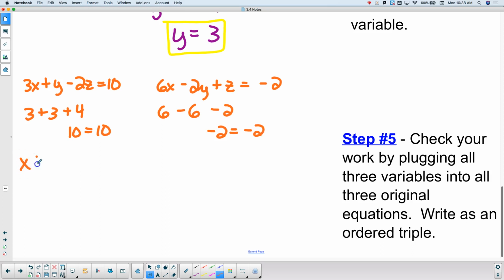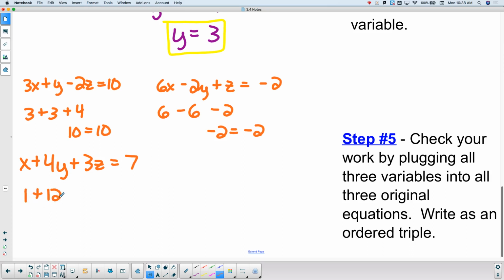Third equation, x plus 4y plus 3z has to be 7. X was 1, so that's 1. Y was 3, so that's plus 12.